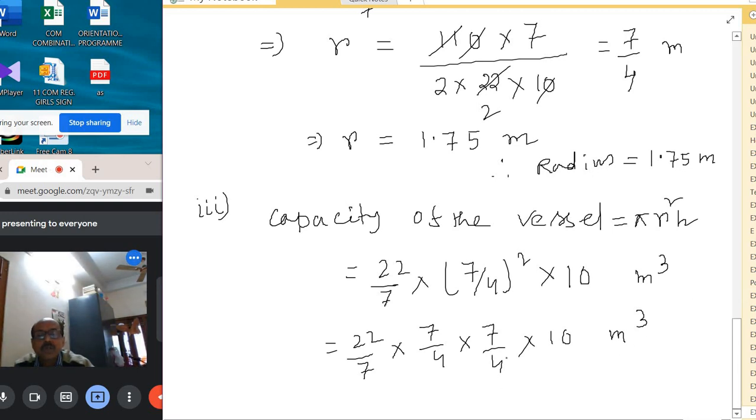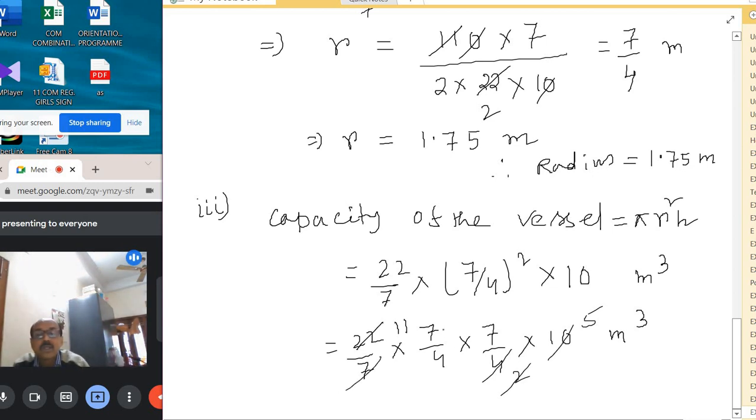So 2 2s are 4, 2 and 5. Okay, and 2 11s are 22. 7 7 cancel.